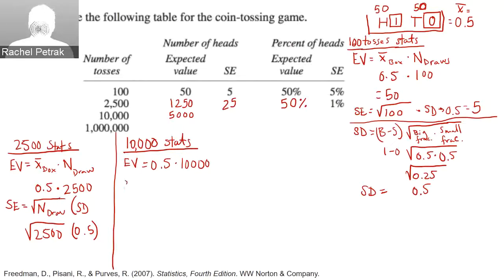Our standard error, you can just get by taking the square root of 10,000 times our standard deviation of 0.5. We'll see that it's 50. So note that even though the size of the standard error goes up, the standard error as a percentage of the number of heads gets smaller.